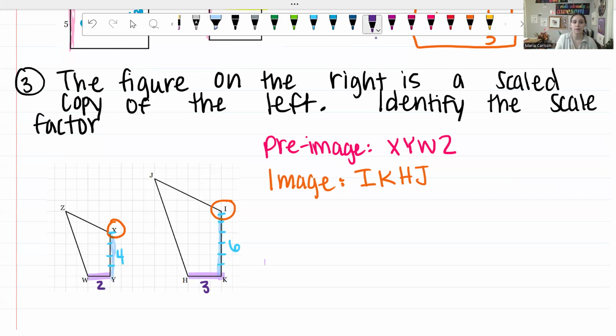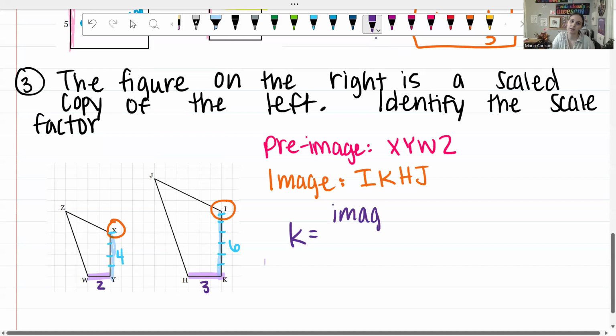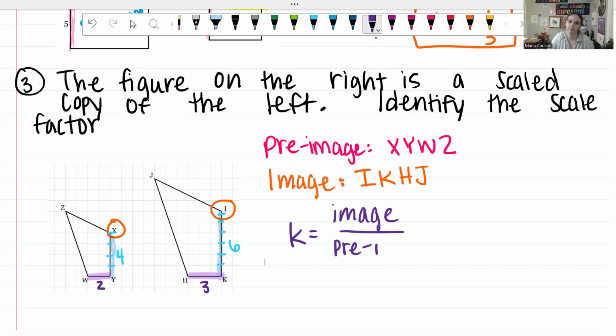So whether I want to compare the purple corresponding sides or the blue, I'm going to use the purple because those are smaller numbers, so probably won't have to simplify it as much. K, the scale factor, is found by dividing a length in our image by the corresponding length in the pre-image. I'm going to divide our image length, which was 3, by the pre-image length of 2.